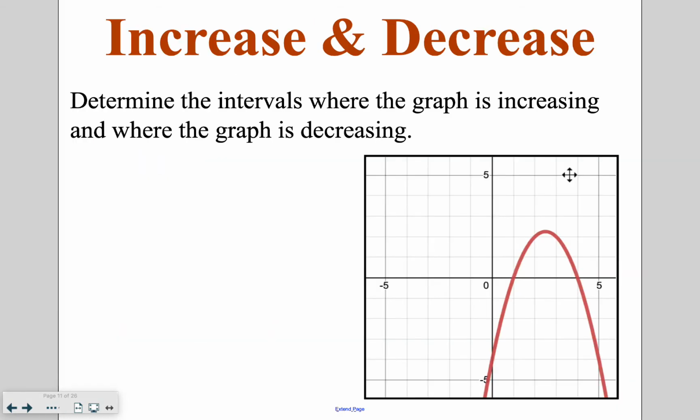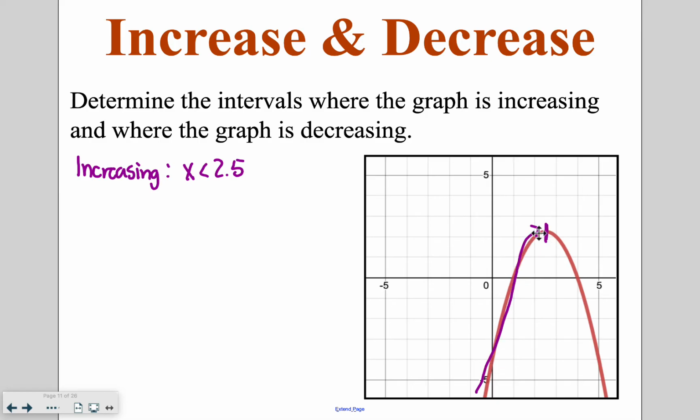So we're going to start by looking at these intervals of increasing and decreasing. So I'm going to start with this particular graph. As I start on the left of my graph, I am moving up. So that means that part of the graph is increasing until it comes to this point up top. So the increasing is on the left side of that top point, which means it's for the values that are less than, in this case, 2.5, because that's where my maximum, my changeover point occurs.